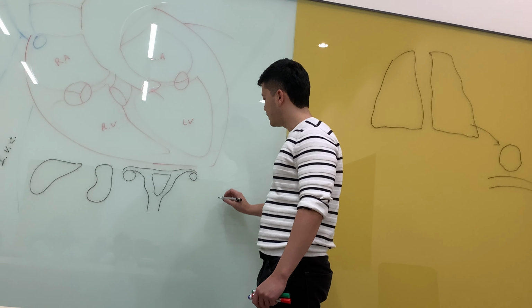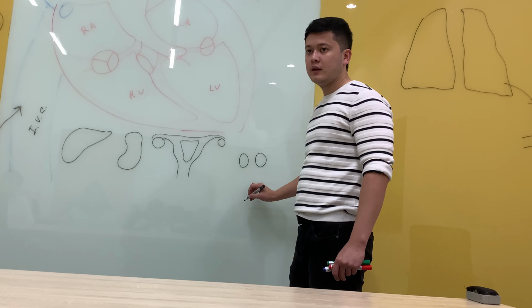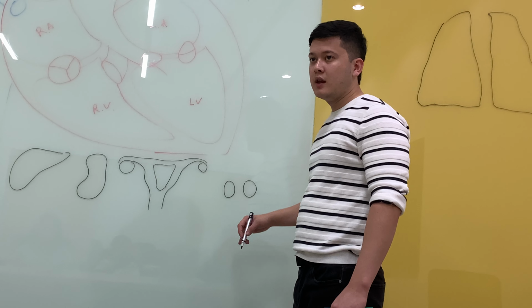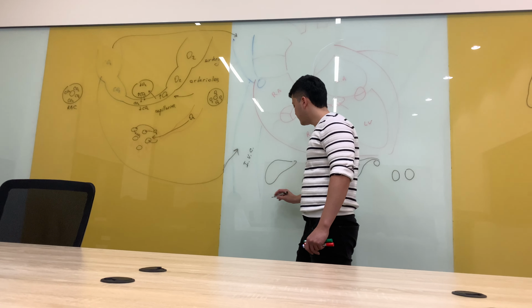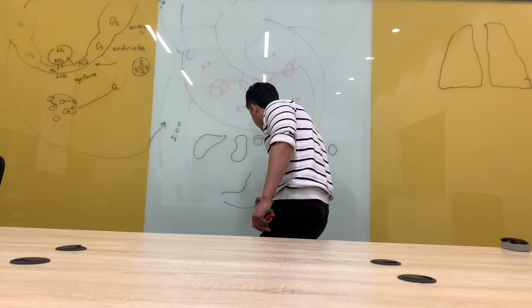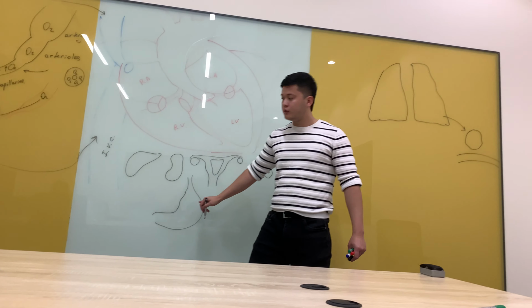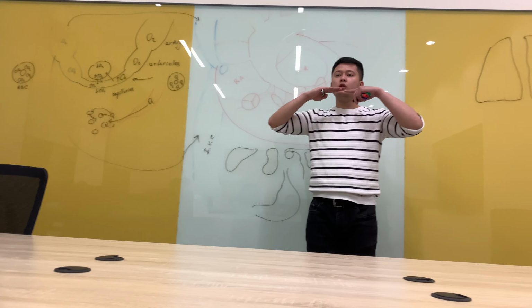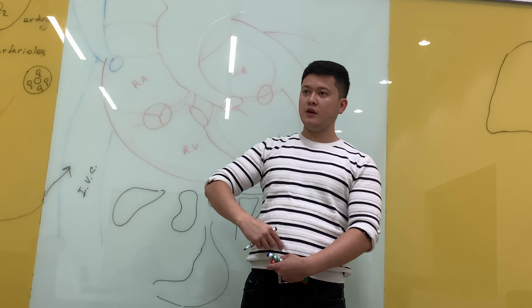What else? For example, your testes. From the testes, the vein is also going to the inferior vena cava. And also the stomach. The veins from the stomach are also going to the inferior vena cava, which is below the heart. All the organs below the heart are going to the inferior vena cava.